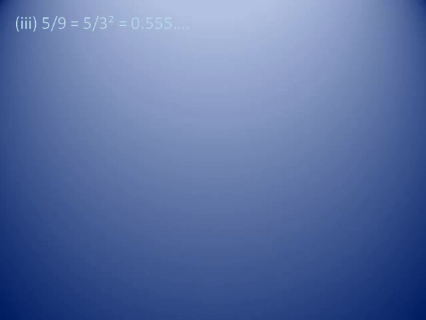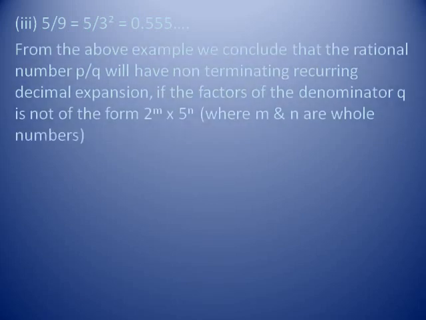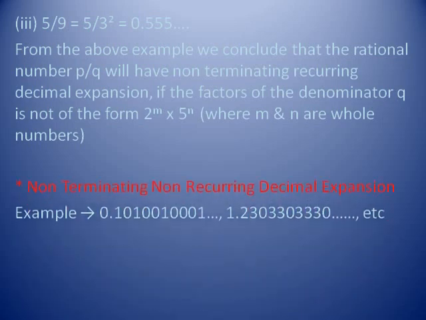So from the above example we conclude that the rational number p by q will have non-terminating recurring decimal expansion if the factors of the denominator q is not of the form 2 to the power m into 5 to the power n, where m and n are whole numbers, or we can say m and n are non-negative integers.